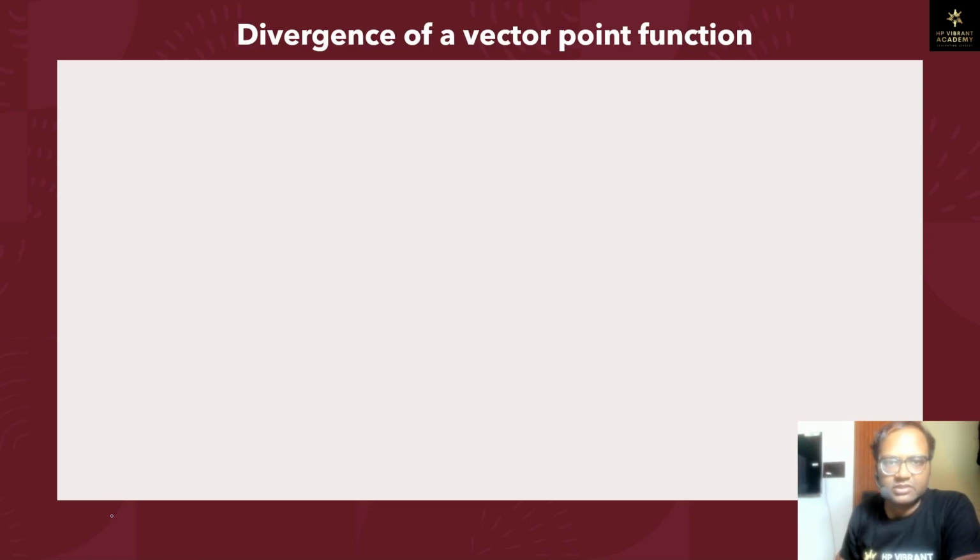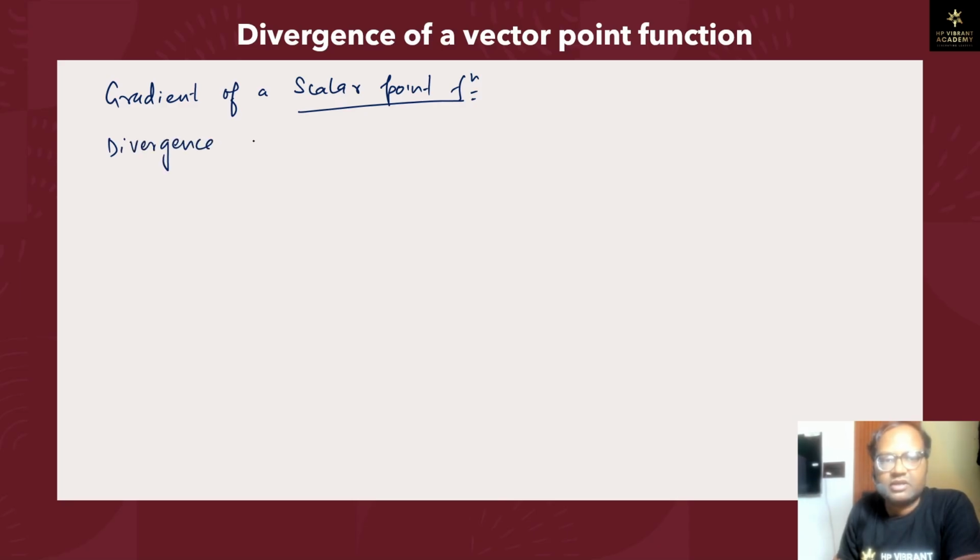First we have to discuss divergence of a vector point function. Let us recall our discussion on the gradient. First we have to note that the gradient always applies on a scalar point function, while divergence applies on a vector point function.